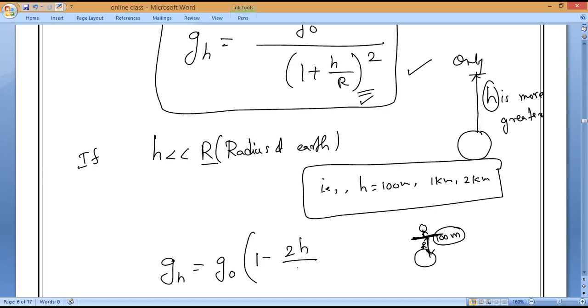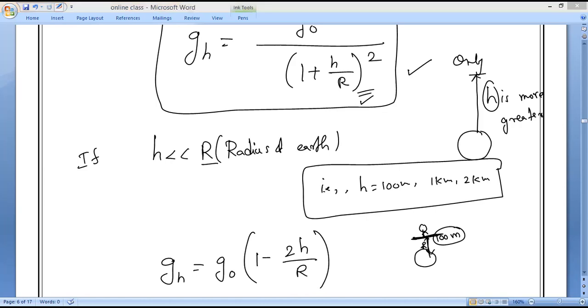When do we have to use this formula? When the height is very, very small, close to the surface of the earth, that is, H is extremely smaller than the radius of the earth. Then we have to use this formula.